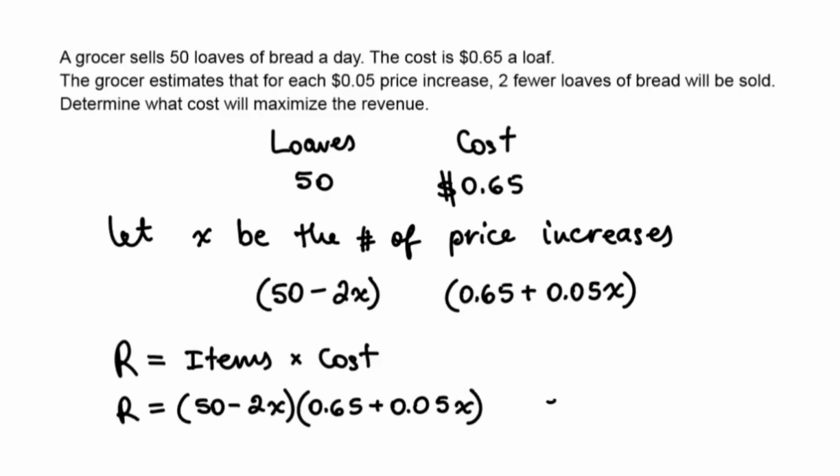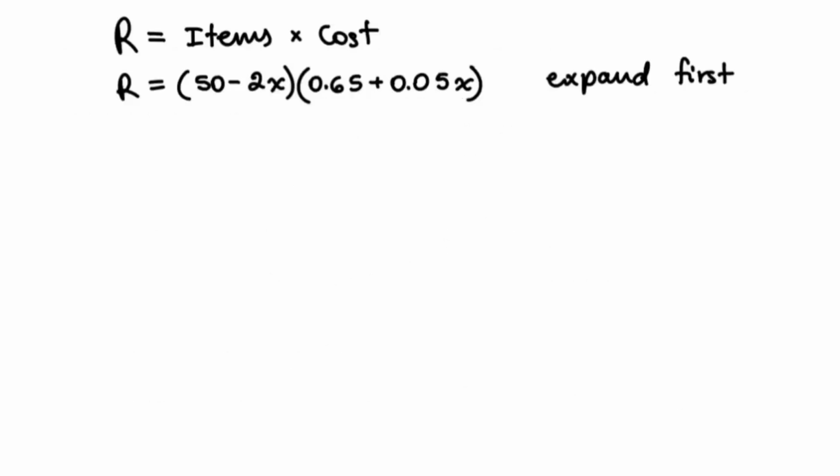So let's expand this first. Revenue equals, we multiply all the terms by each other and we drop the brackets.